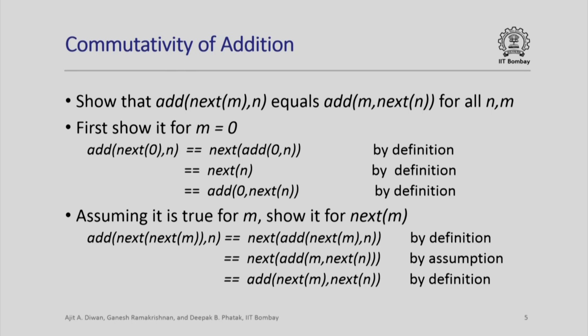By assumption that the property holds for m, this is equal to next of add of m comma next of n, and again going by definition, this is the same as add of next of m comma next of n, and therefore this property holds for next of m also, assuming it holds for m. So what we have shown is that add next m n equals add m comma next n.